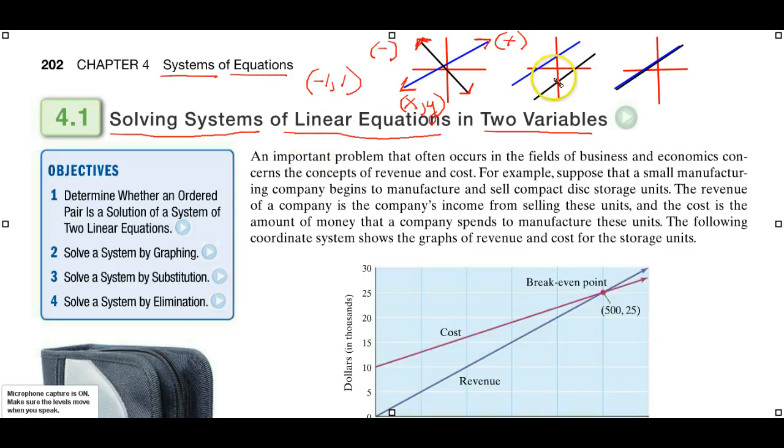Now another scenario might be that we have the blue line, which is a graph, and the black line, which is a graph. And, well, these are equations on a graph. Now, they appear to look parallel, and they are.